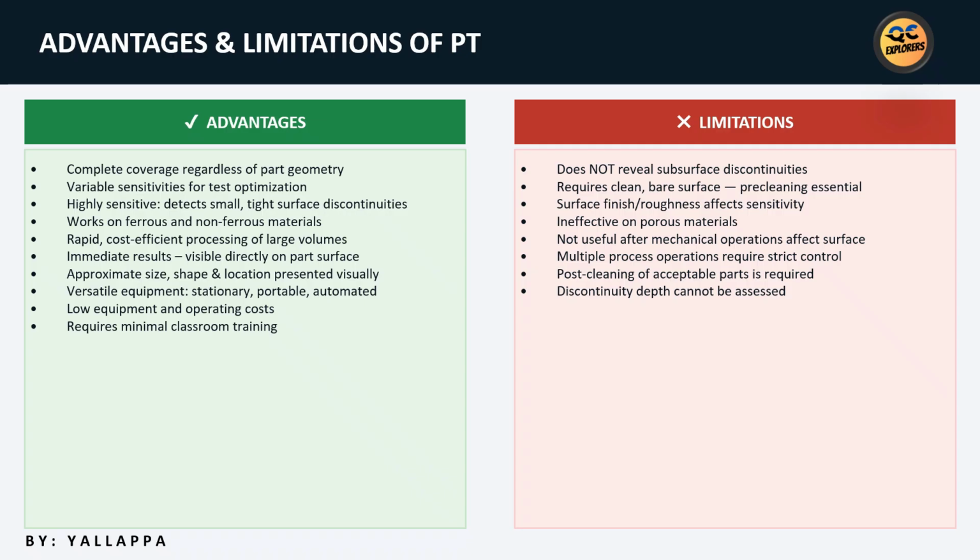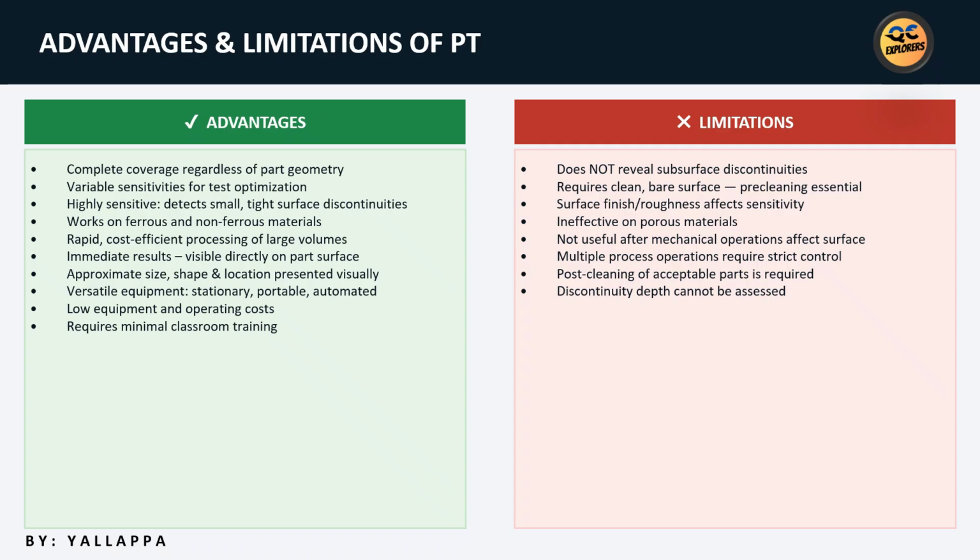Unlike magnetic particle testing, PT does not require magnetic materials. This comparison is frequently asked in Level 2 and Level 3 exams. PT is also fast, economical, and suitable for high-volume production, and indications appear directly on the surface, making visual interpretation easier.